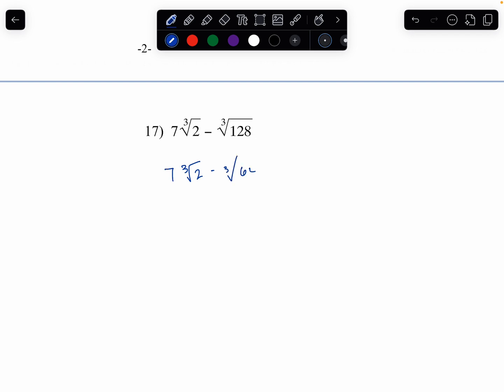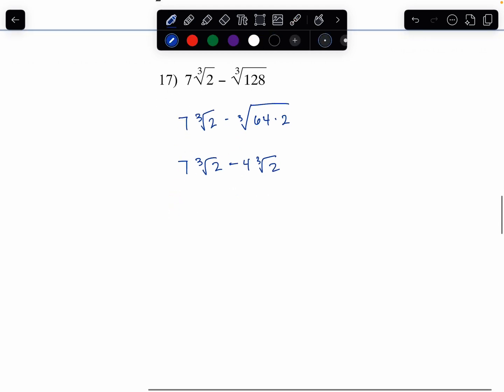So let's do 64 times by 2, and the cube root of 64 is 4, so I have 7 cube root 2 minus 4 cube root 2, and I can add 7 and negative 4, so that's going to become 3 cube root 2.